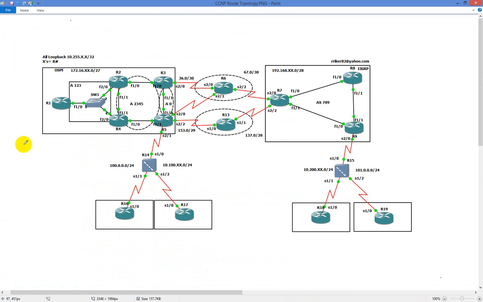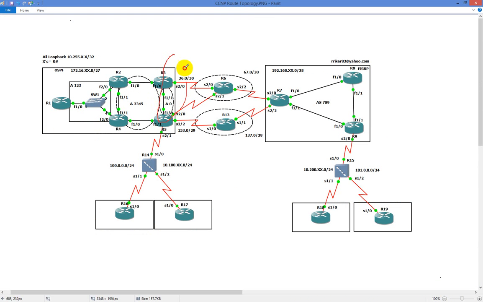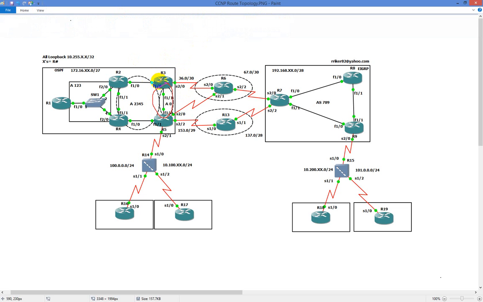My intention here is, we're running area 0 here. Let me grab red. So red, we're running area 0 right here, right? That's where area 0 is running. Actually, that's a really ugly looking circle. So area 0 is running right here. Now in blue, I'm going to make this area 2345. So this is area 2345. This means that router 3 and router 5 are going to be ABRs.